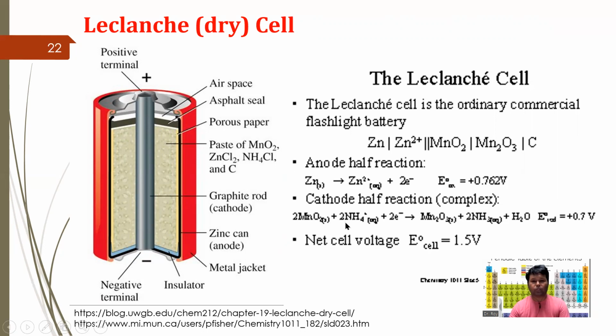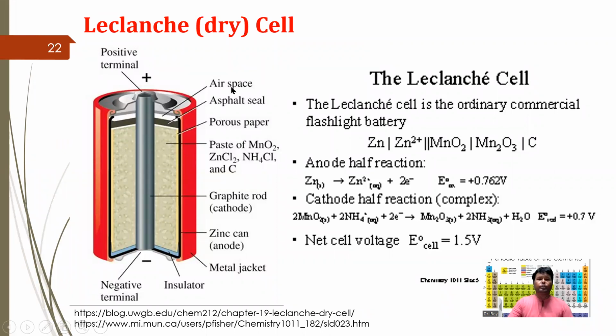And so this zinc electrode, when it decomposes, as I have mentioned in the previous slide, forms zinc 2+ ion and gives some electrons. This type of reaction happens in the Leclanché cell, and that is the structure for the Leclanché cell.